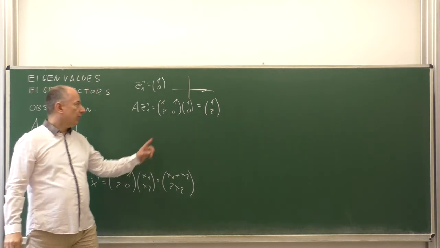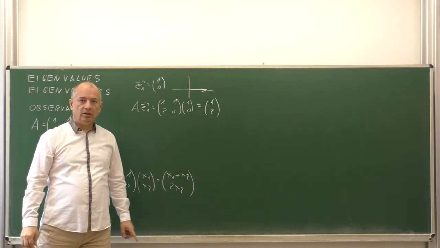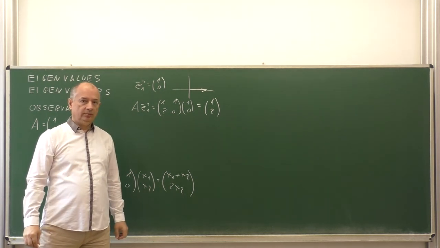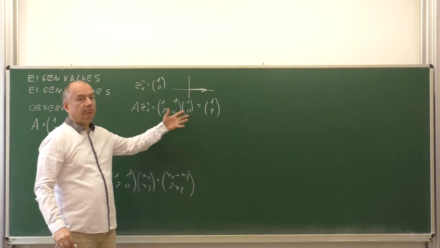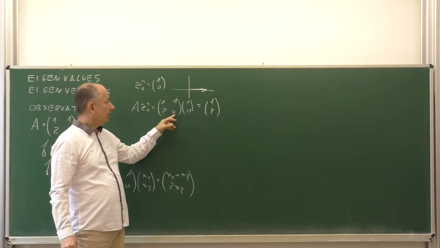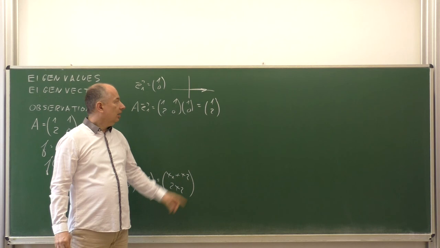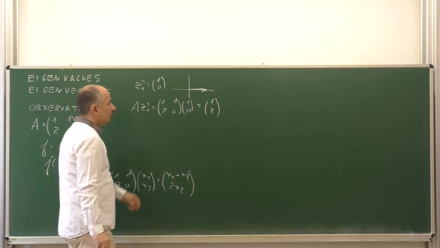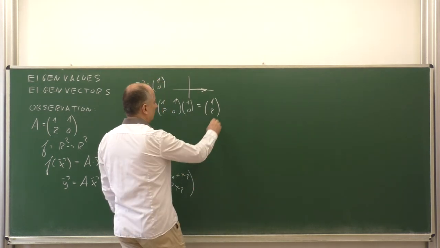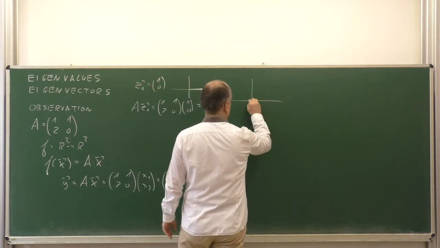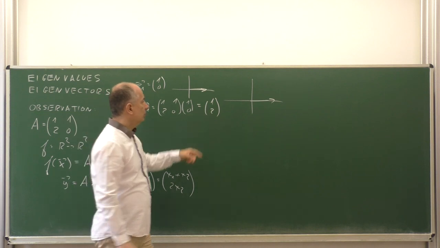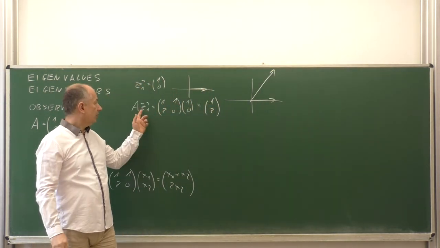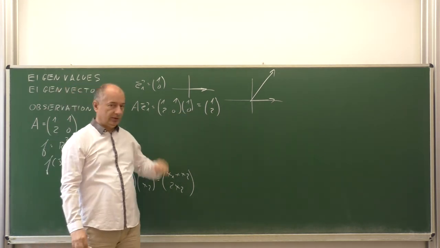This is always the case when we take a matrix and multiply by a vector which has all zeros, just one single coordinate equal to 1, then this vector maps to a vector which is exactly the column of the matrix in such position where there was 1 in the vector. So this vector 1, 0 goes to vector 1, 2.